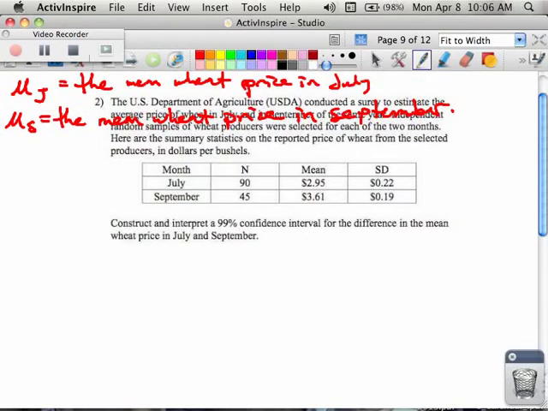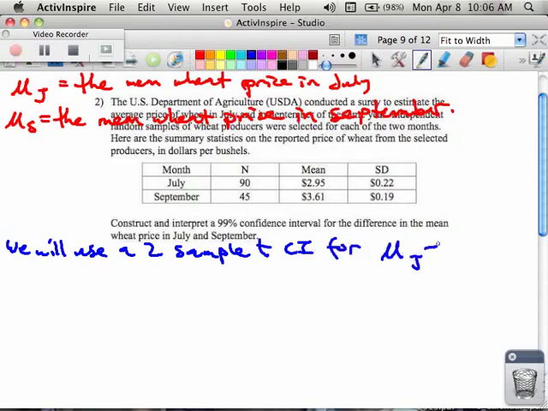I like that. We'll try that. We will use a 2-sample t confidence interval for, and Mara said let's try mu j minus mu s, so let's do that.